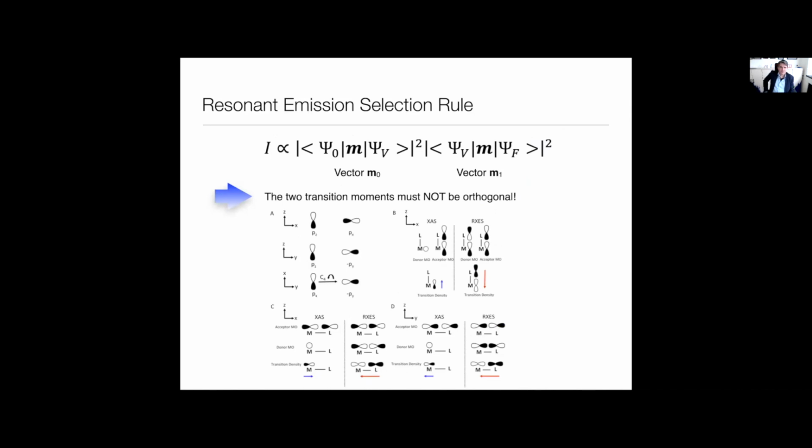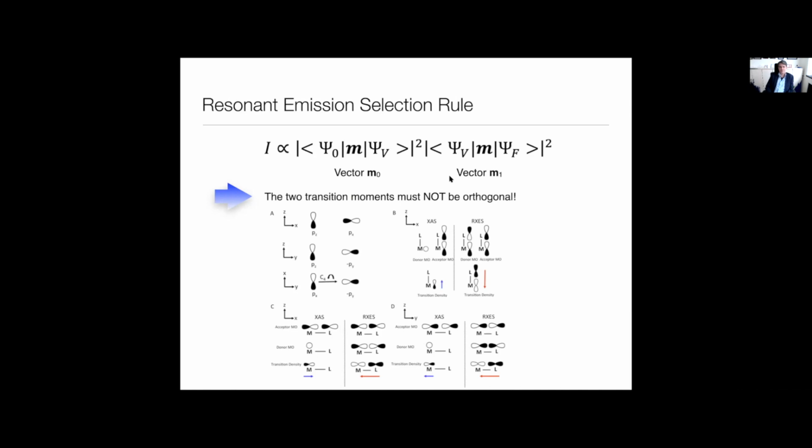Now, what we learned in that study in a nutshell is the following: in order to get resonance enhancement, you need transition moments that are not orthogonal. That means that the transition from the ground state to the intermediate state must have a transition dipole moment vector that is not orthogonal to the transition dipole moment vector that you get from coupling the intermediate state with the final state.